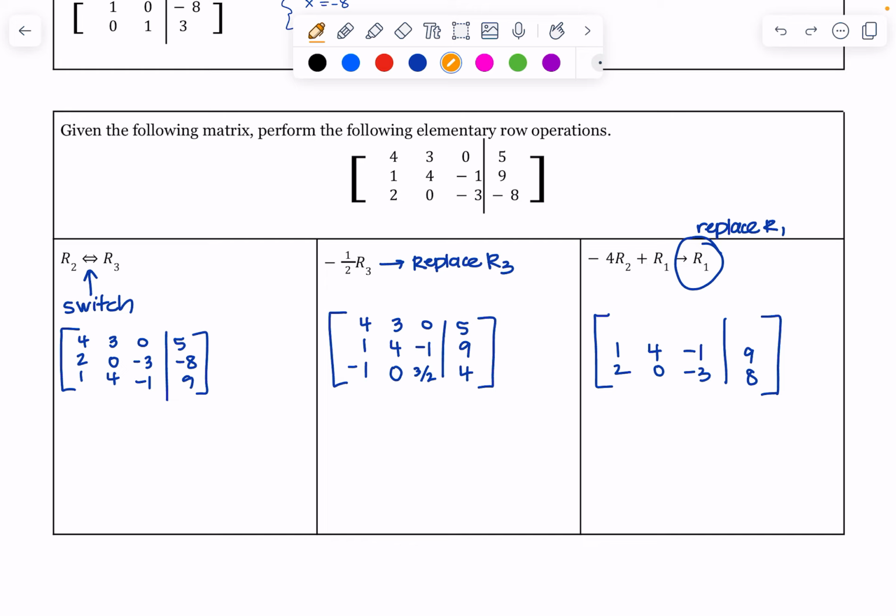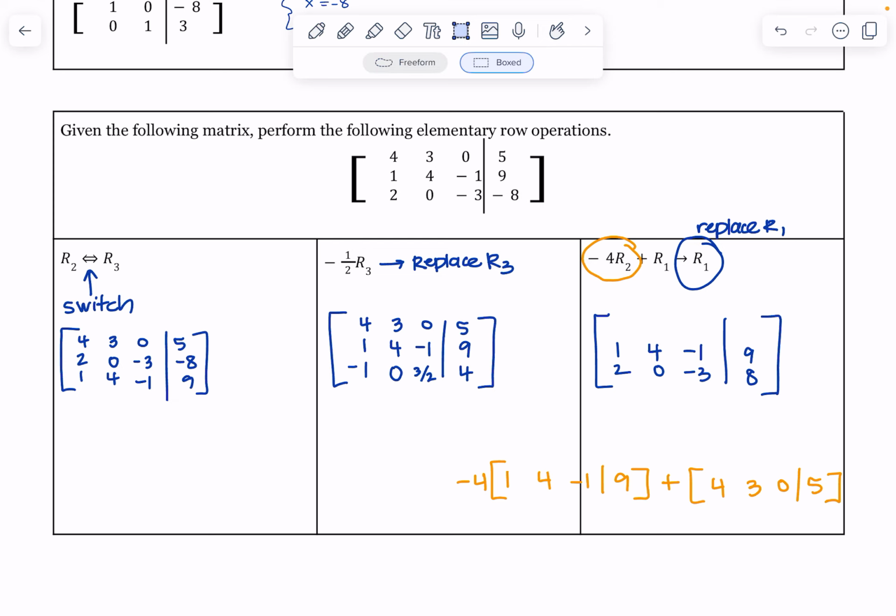So I'm going to kind of break that down here. So -4 times R2 would be -4 times, and this is not really mathy, but I just kind of do it to show my work. -4 times 1, 4, -1, 9. And then we're going to add that to row 1, which is 4, 3, 0, 5.